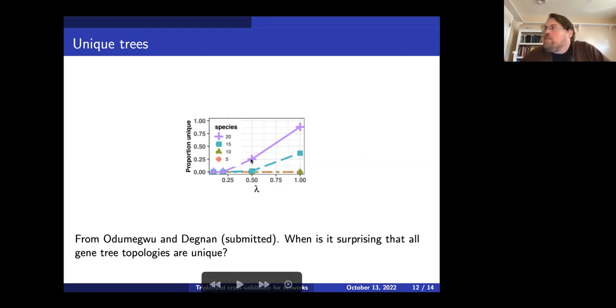And so this is kind of the motivation for thinking that comparing the number of observed topologies to the number expected might not be very informative, because the topology counts are just going to be zeros and ones most of the time.